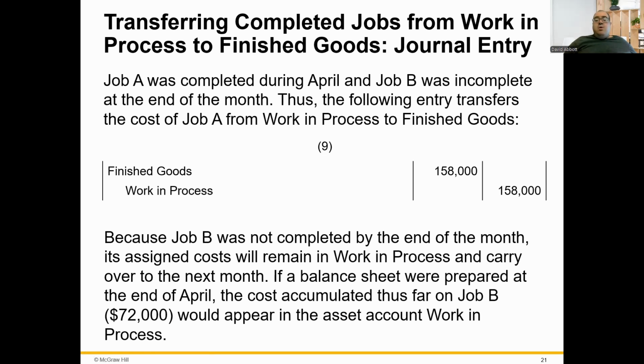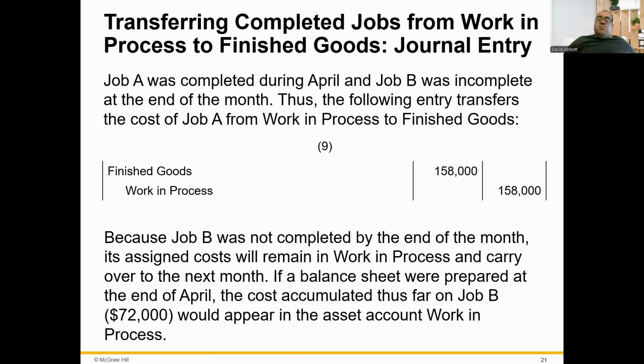So the finished goods, you're going to have finished goods for 158,000, and then you would credit work in progress 158,000. And then job B was not completed by the end of the month. Its assigned cost will remain in work in progress and carry over to the next month.